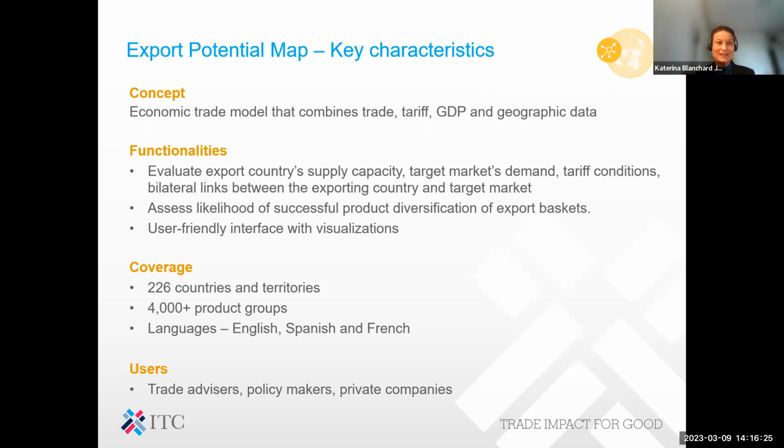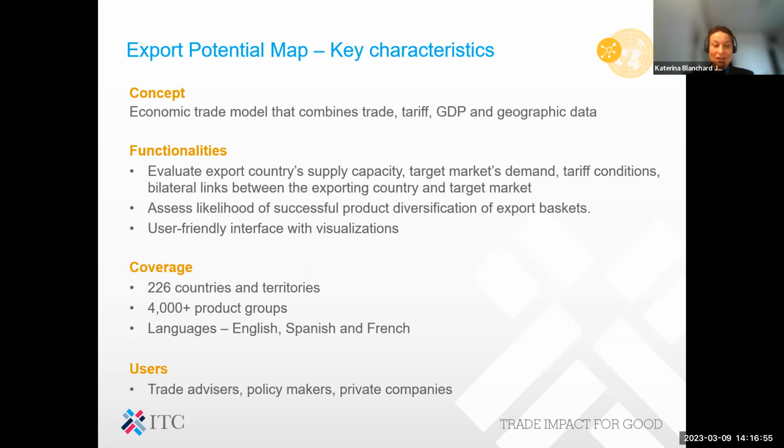We strongly believe that not only the export potential map, but all our tools are user-friendly and easy to navigate. If you have any difficulties, please let us know, and I will try to explain in detail. What is also common for all of our tools is the fact that they have very good coverage. In case of export potential map, we speak about 226 countries and territories.